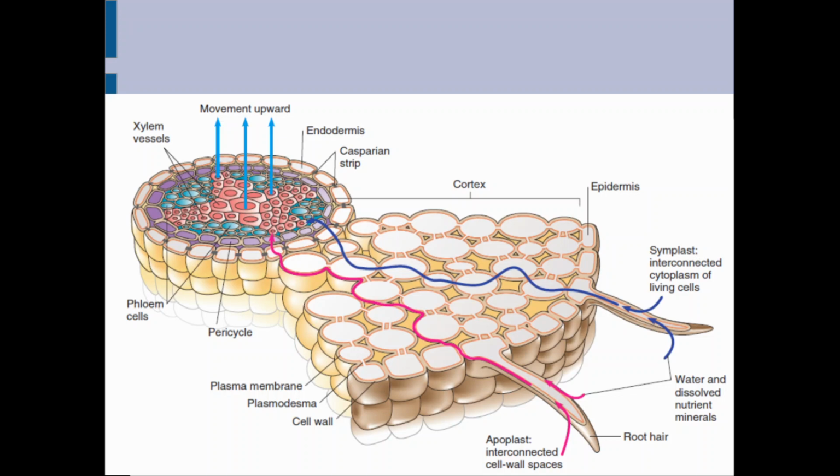Inorganic minerals enter by passing through carrier proteins, and this way the endodermis controls what kind of dissolved minerals and how much of each kind move from the soil into the vascular tissue of the root.